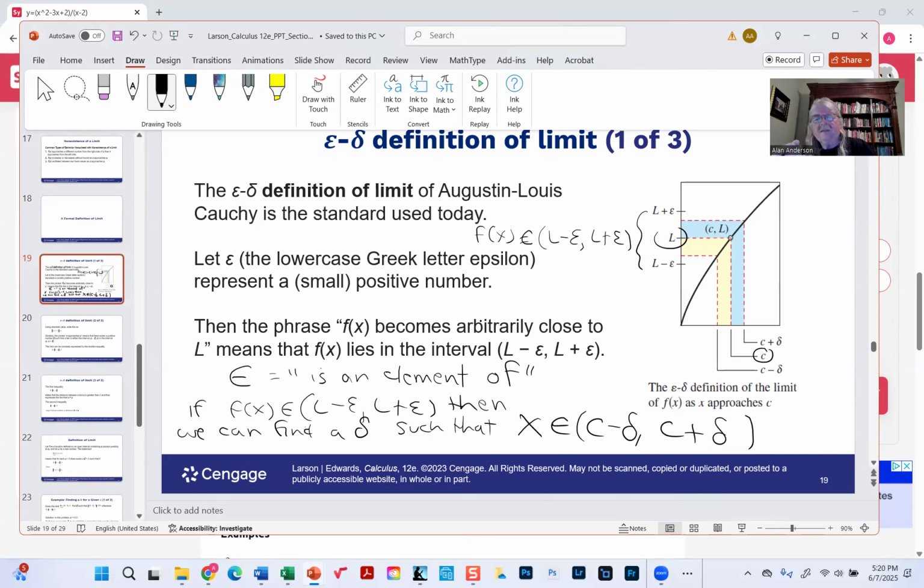So what they're basically telling us is that as x gets closer to c, f of x is getting closer to L. That's really all it means. It's just a very abstract way of saying this. It's claiming that being within this interval here implies that this also holds.